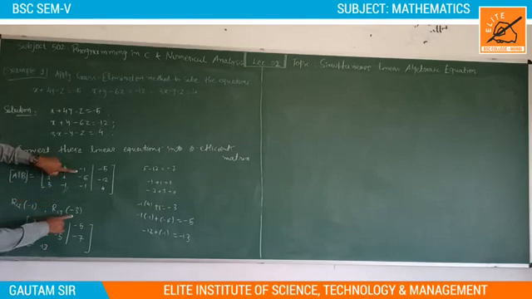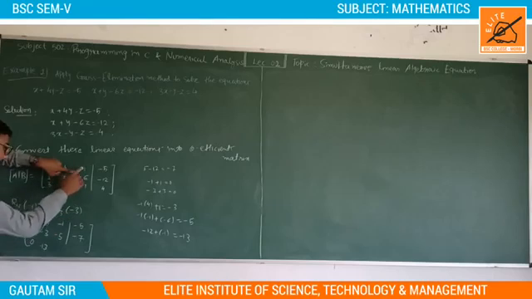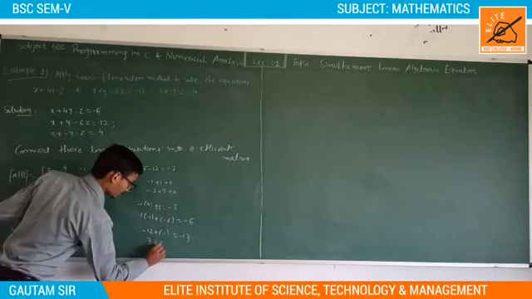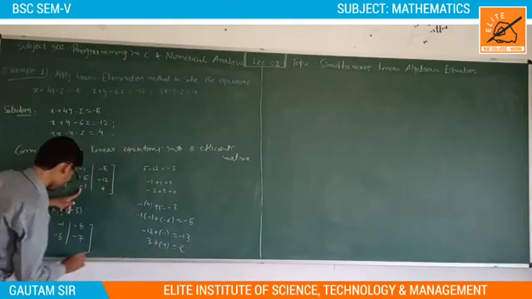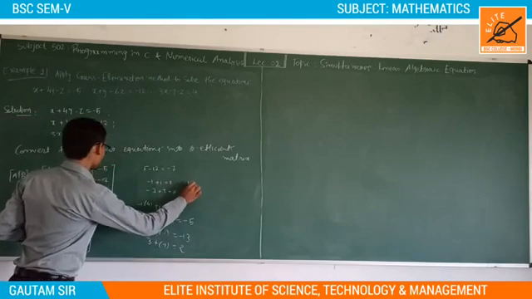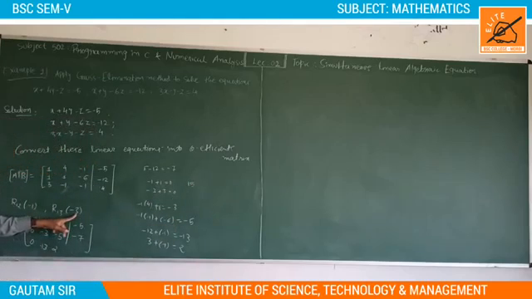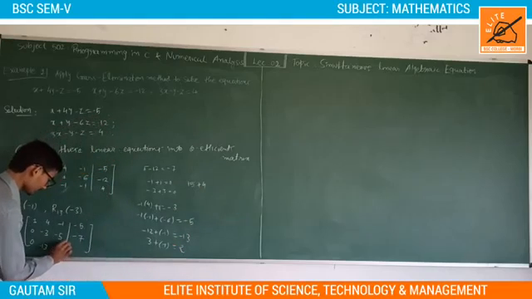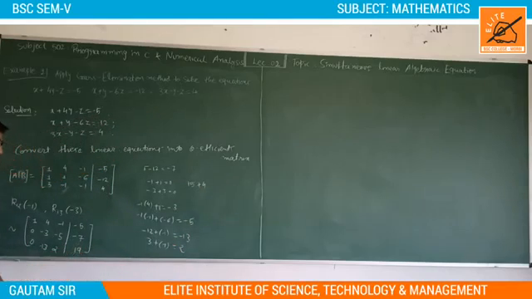Multiply the first row by minus 3: minus 3 into minus 1 is 3, and 3 minus 1 is 2. In the first row, multiply by minus 3: minus 5 into minus 3 is 15, and adding 4 gives 19. So that is our operation.